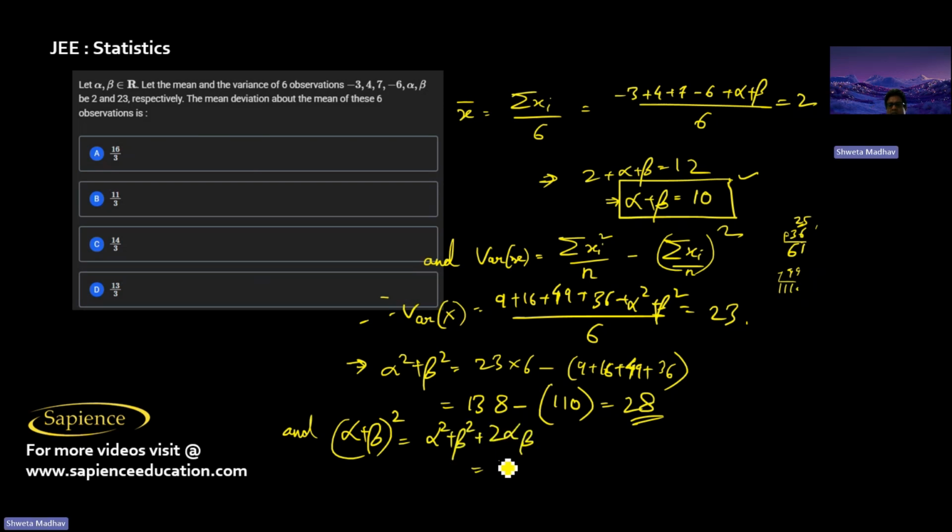So this will be equal to 28 plus 2 alpha beta. That will be equal to 100. So 2 alpha beta will be equal to 100 minus 28, that is equal to 72.